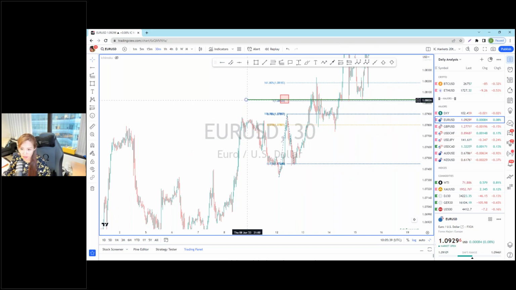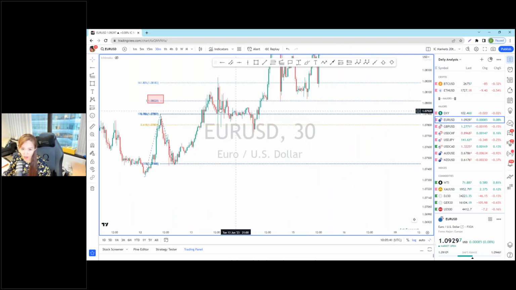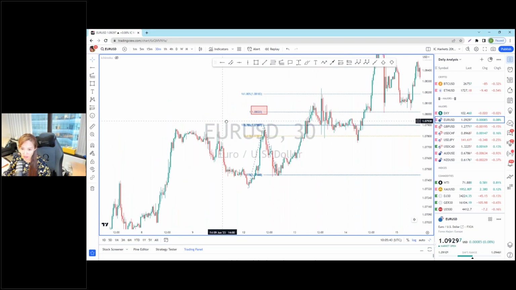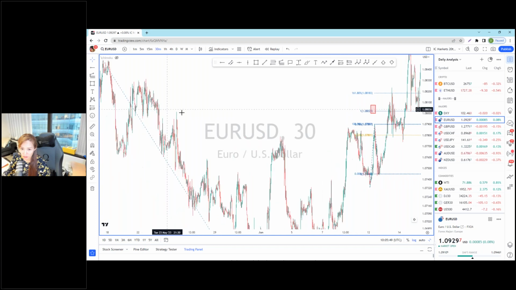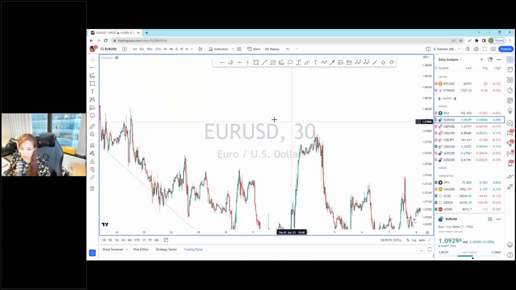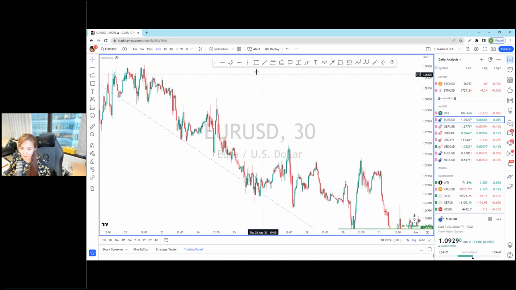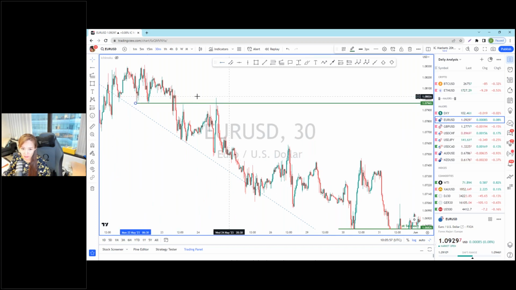That's why we use projection to help us find resistance in this case. If you were to draw support and resistance, you might have to go far back here, and then this is your resistance.